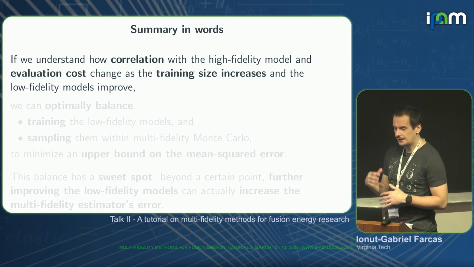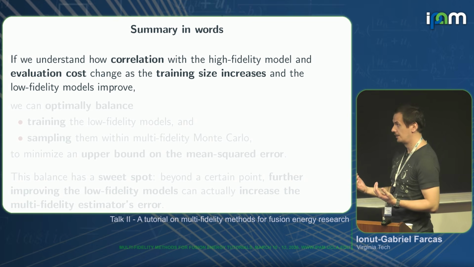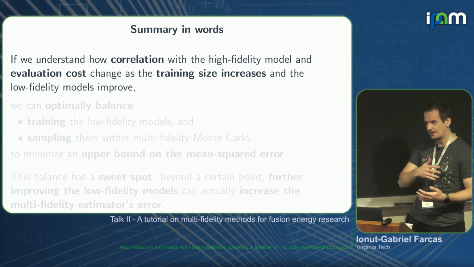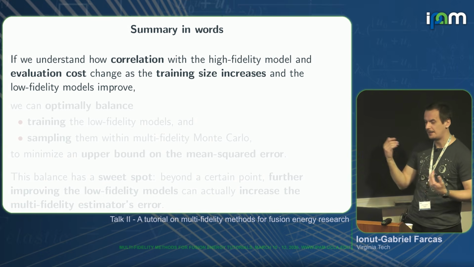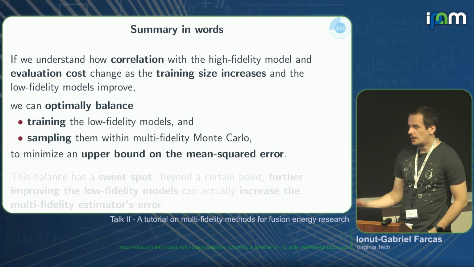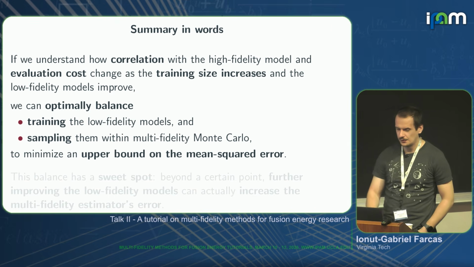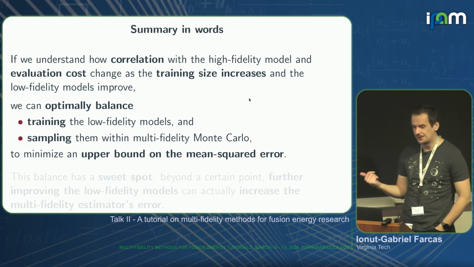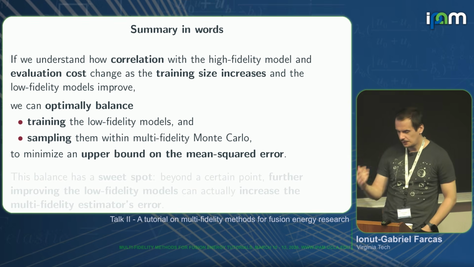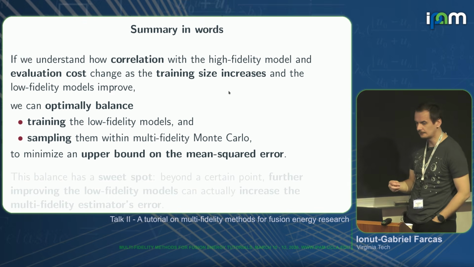Now, if we understand how the correlation with the high-fidelity model and the evaluation cost change as the training size increases, so we have a dynamic behavior of these models, then by working out a bit of math, we show that we can optimally balance the training of the low-fidelity models and using them for sampling within multi-fidelity Monte Carlo.